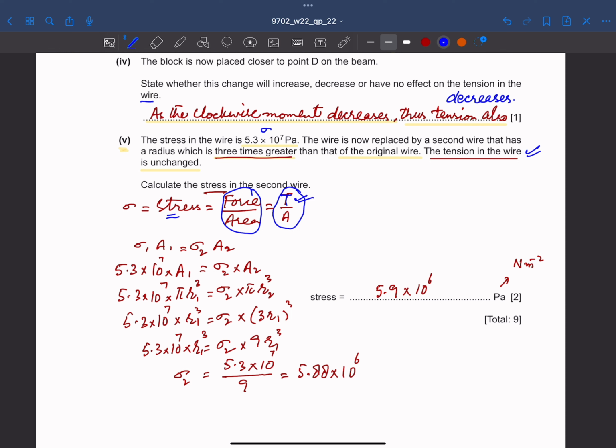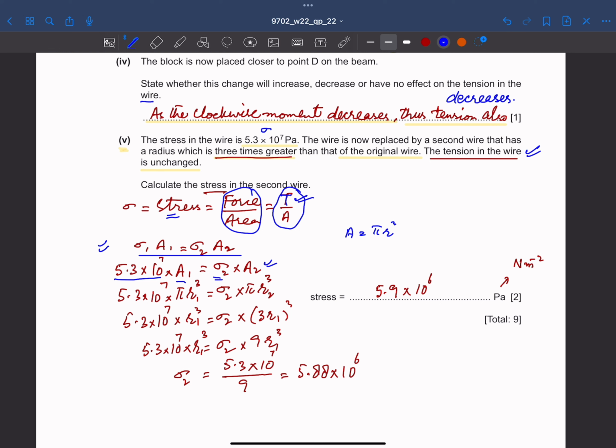So simply you can write this formula in this way, that stress 1 into A1 is equal to stress 2 into A2. Stress 1 they have given, area is A1, in this case stress 2 is required, A2 you can write, but you know that area is nothing but pi r squared, and when you are calculating this thing you are getting this value.